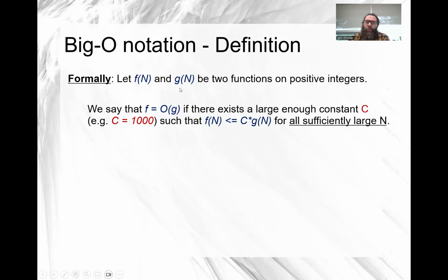We have two functions f and g, and we would like to say that f is essentially upper bounded by g if there exists a large enough constant c, so maybe c is like 10 or 100 or 1000, such that f of n is less than c times g of n for all sufficiently large n. Okay, so c is not necessarily 2; c depends on what the formula for f is.